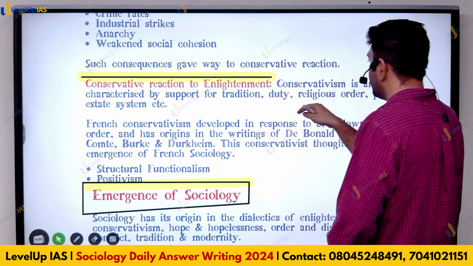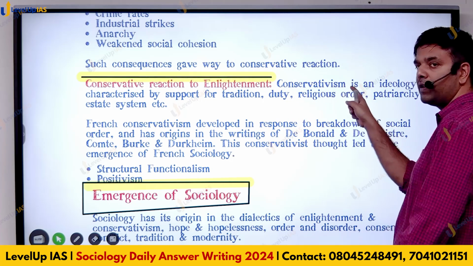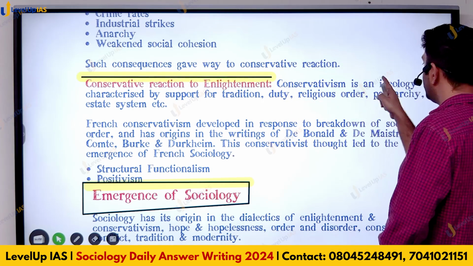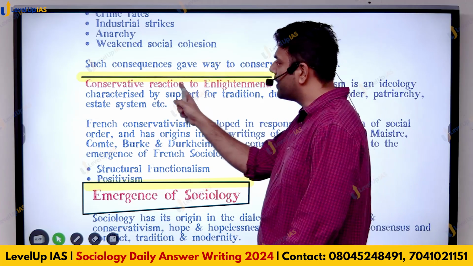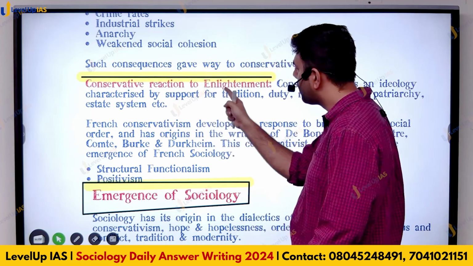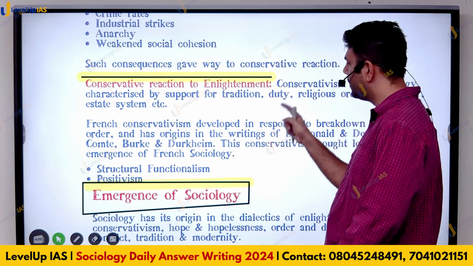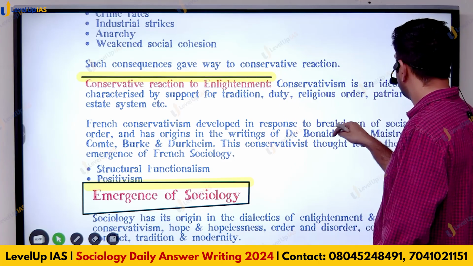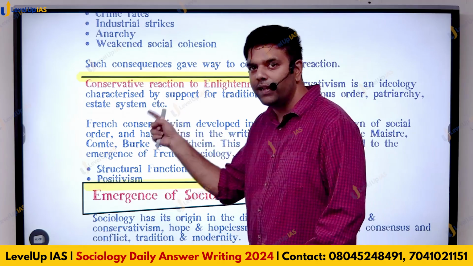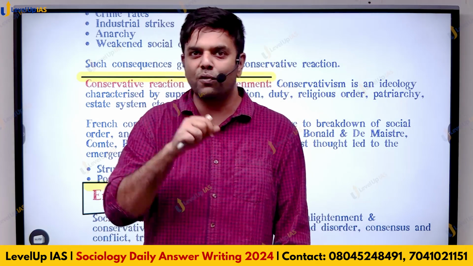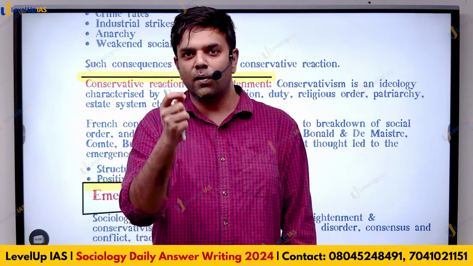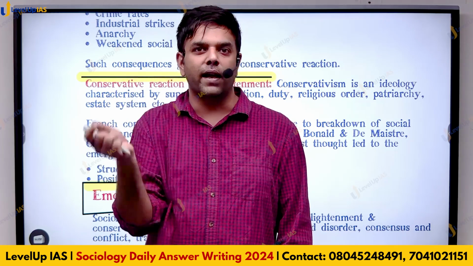So what I have mentioned is conservatism. First we should define it also. It is an ideology characterized by support for tradition, duty, religious order, patriarchy, state system. That means everything that was questioned, conservative people want all those things to get back.